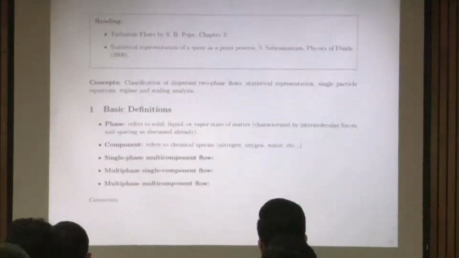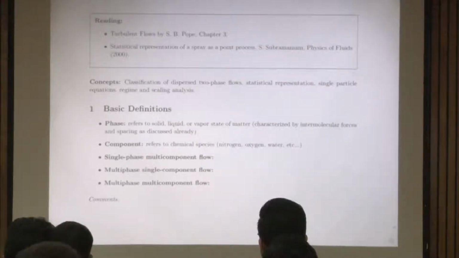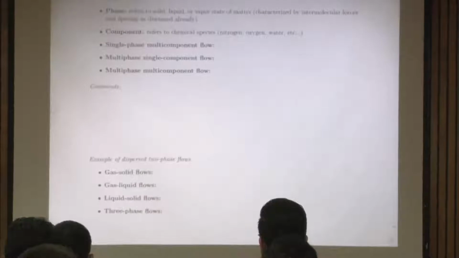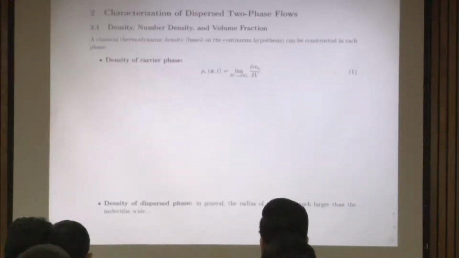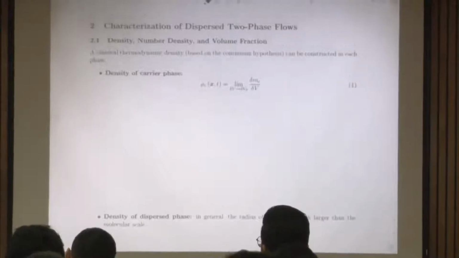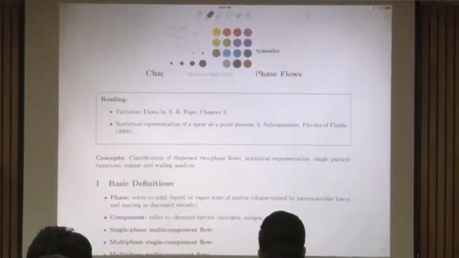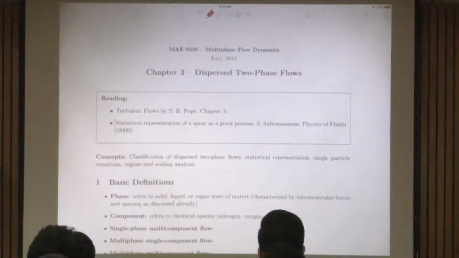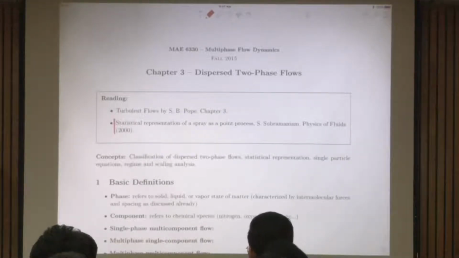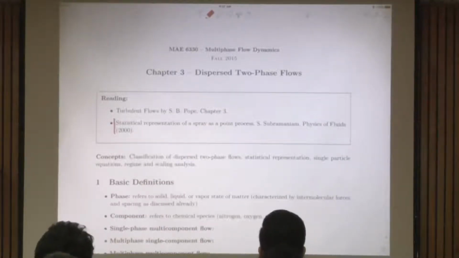This is part of a significantly longer class, a full semester class. We're going to skip a few things and go directly to some of the things that I want to talk to you about. Before we do that, I want to highlight that some of what we're going to talk about is discussed in detail in this publication by Shankar Subramaniam from Iowa State University, regarding what it means to think about a spray or an ensemble of particles as a point process.